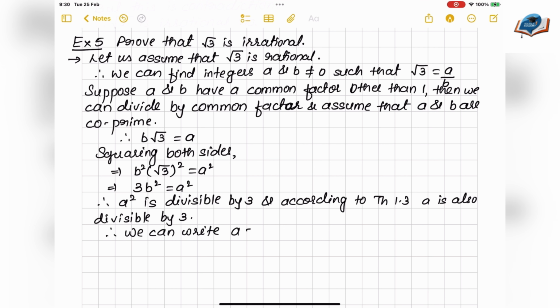P square is divisible by 5. Therefore, P equal to 5C. Squaring both sides, P square equal to 25C square.